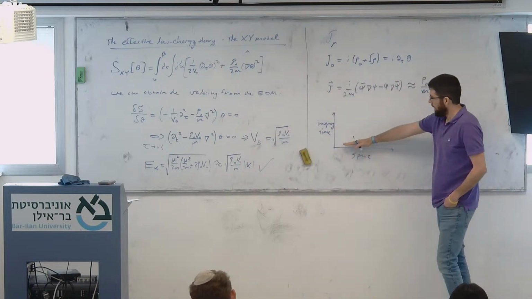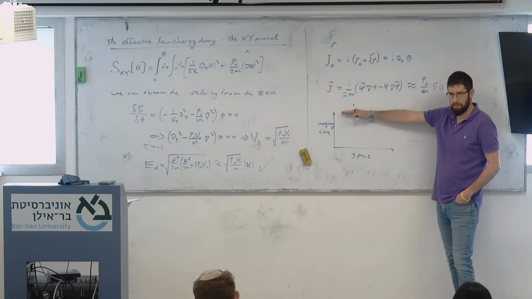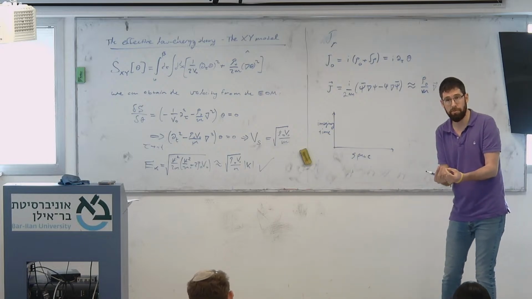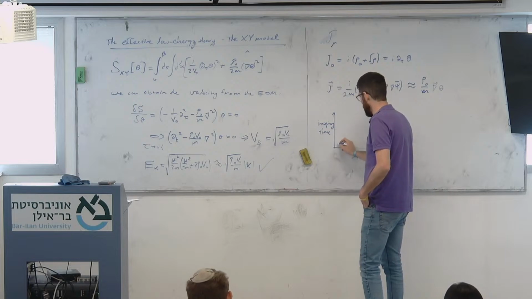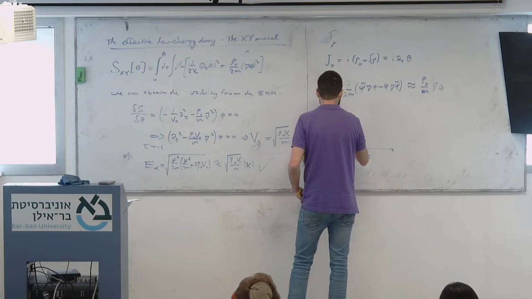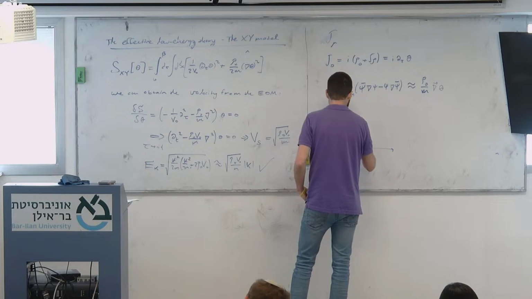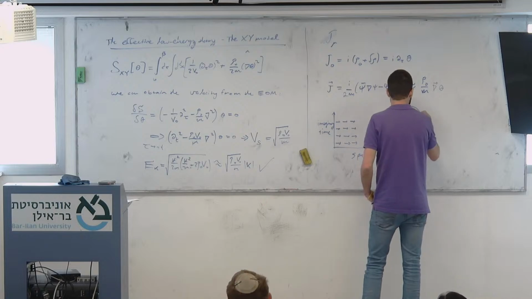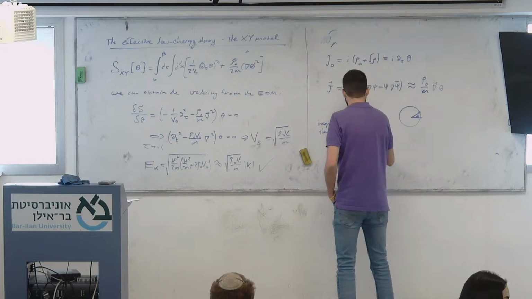If I have some time dependence here, that basically means that there is charge there. So let's say the charge is changing as a function of position. Let's start from this configuration. So now I'm thinking about this theta like a clock, this XY model like a clock.